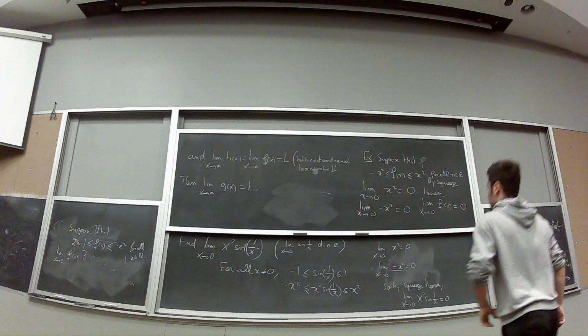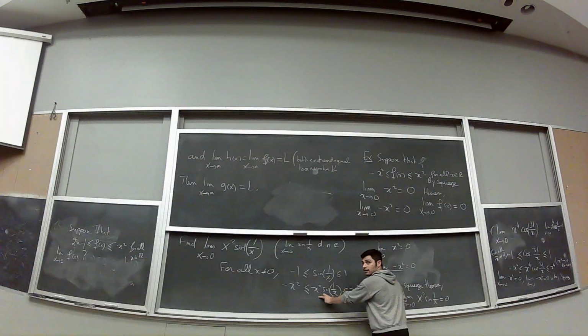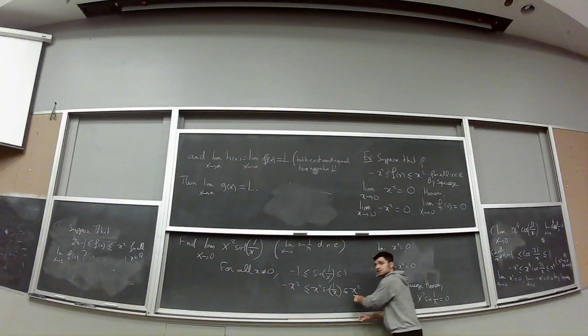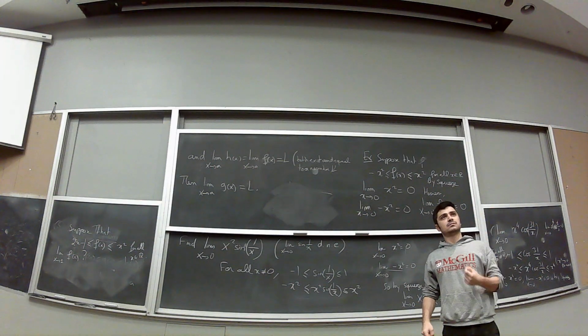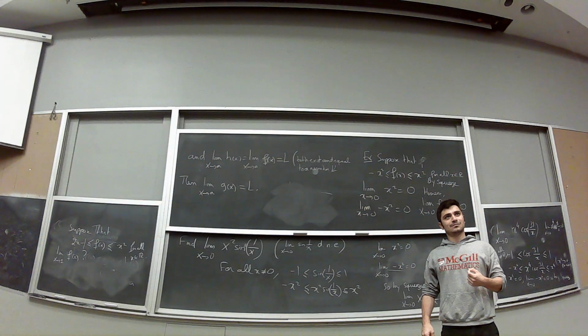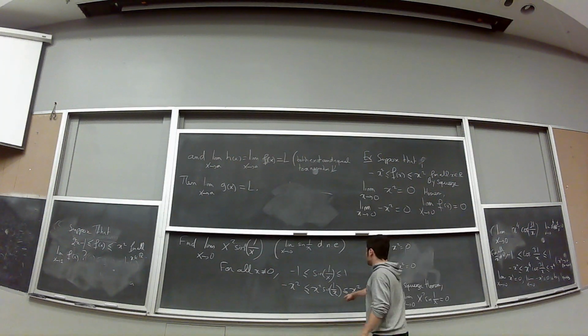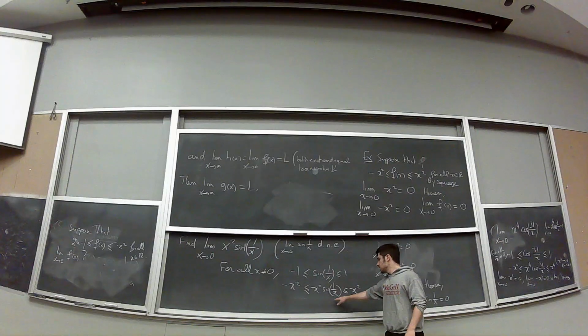So what did I have? This is G, right? This is F, and this is H. Your G should always be in the middle. Okay, is F less or equal than G? Is G less or equal than H?